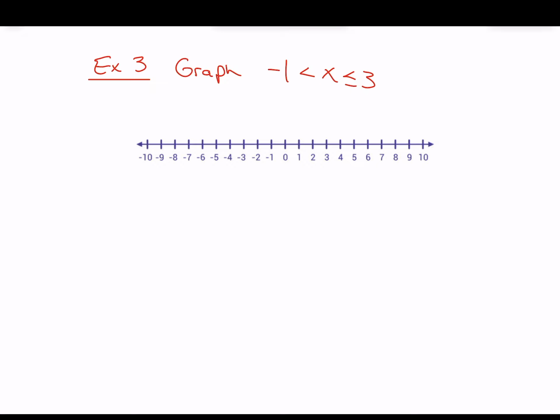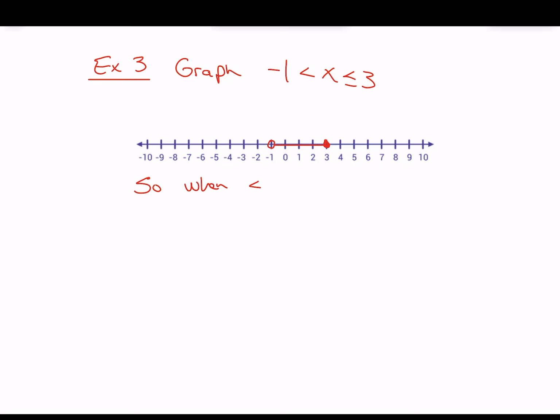So what that means is that x is between -1 and 3. So to graph that, we know that it has to be greater than -1, but not including -1, and it has to be less than or equal to 3. And then all the values in between there are also included.